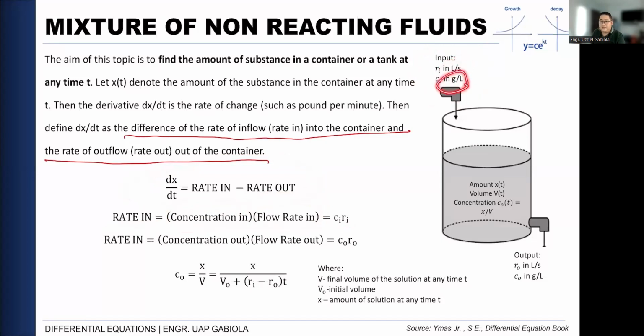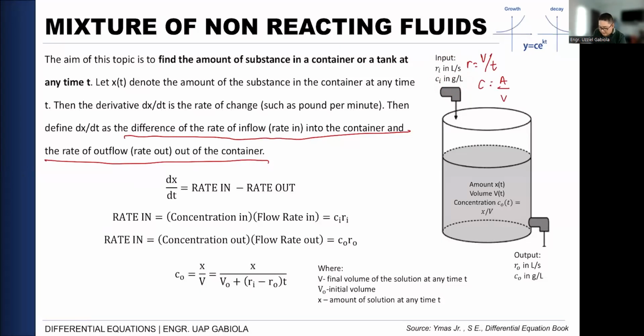Kapag amount per volume, yun yung ating concentration. Again, this is for rate. Rate ang pinag-uusapan natin. So yan ay volume per time. Pag concentration, that is amount per volume. Okay? So, by unit pa lang, dun yun siya ma-identify kung concentration or flow rate.